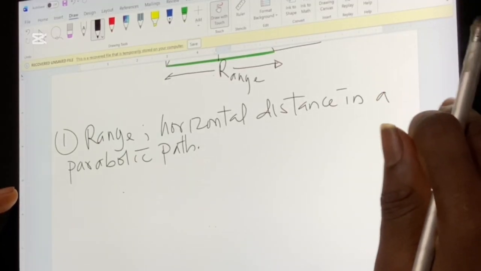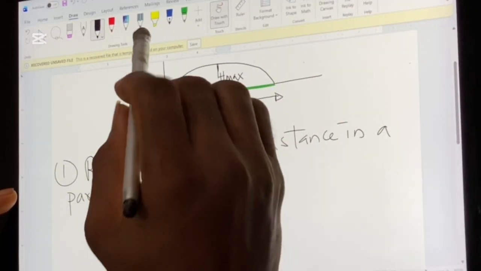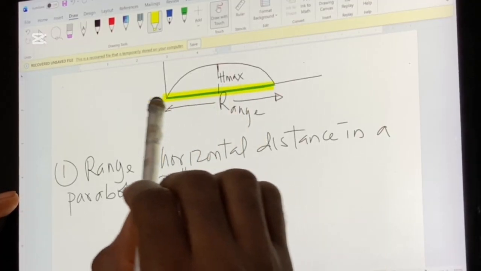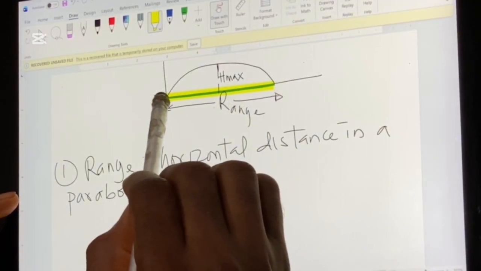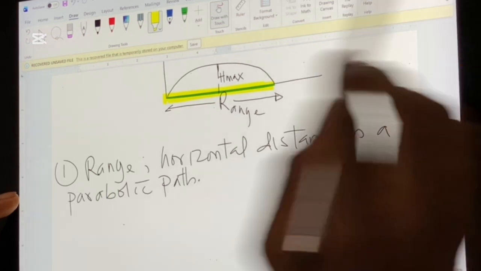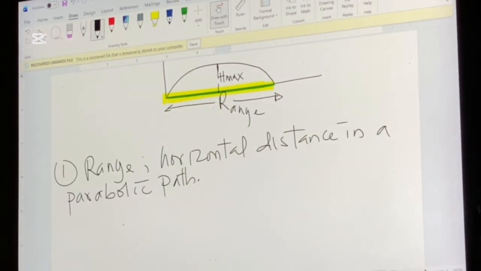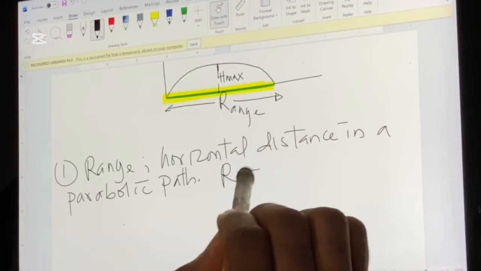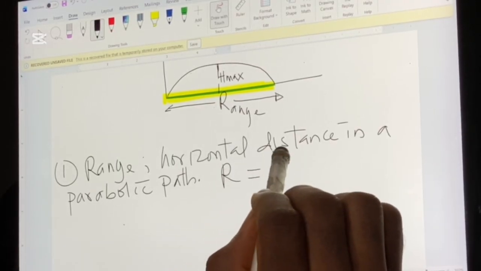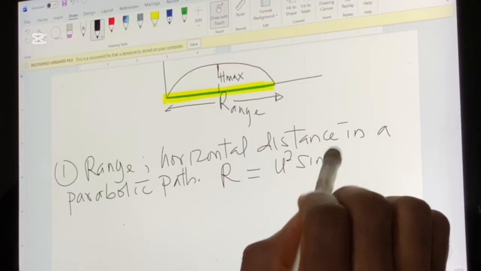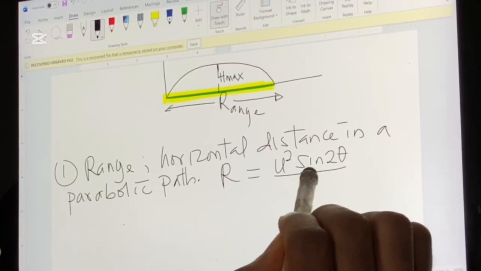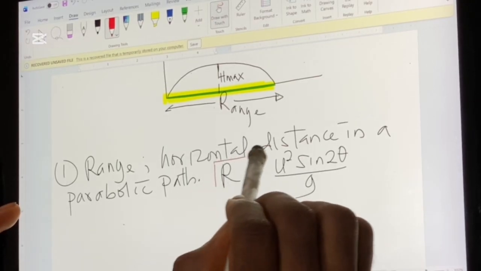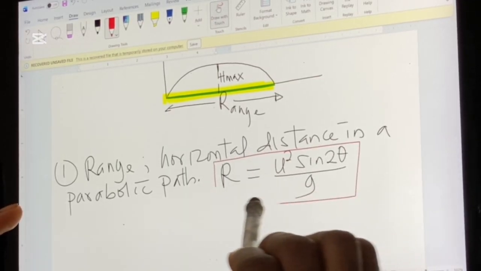So range is a horizontal distance. Of course, along this side here, we call it horizontal. So in a parabolic path, the distance here is called range. So let's take the mathematical representation of range. Mathematically, range is equal to u squared sine 2 theta over g. This is the mathematical representation of range.